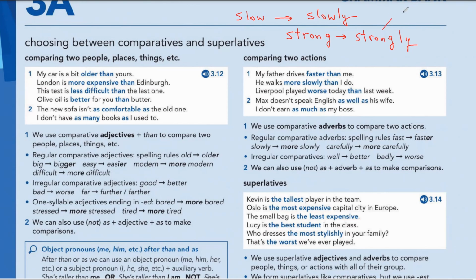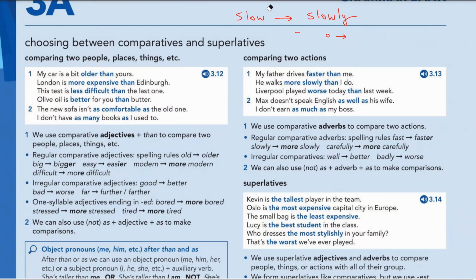And I'm talking about adverbs of manner. Manner means how. It answers the question how. How he drives: slowly. How he drives: fast. Because there are other adverbs as well, adverbs of time, adverbs of place and so on. So here we're talking about adverbs of manner.